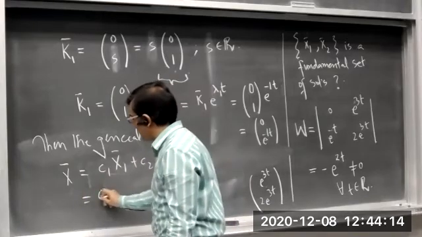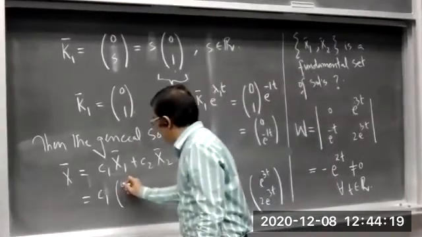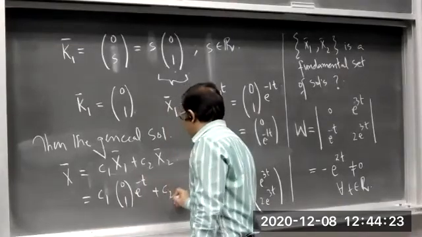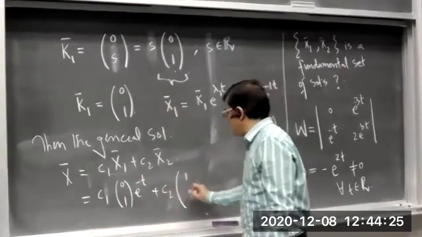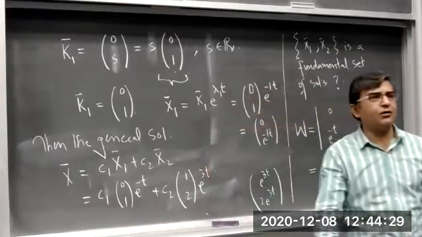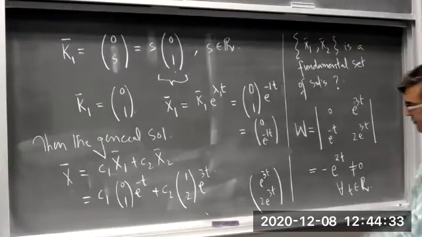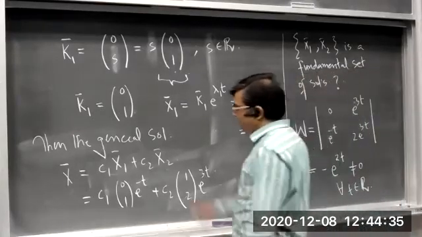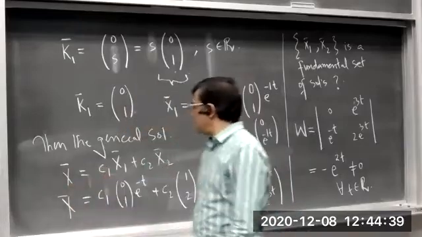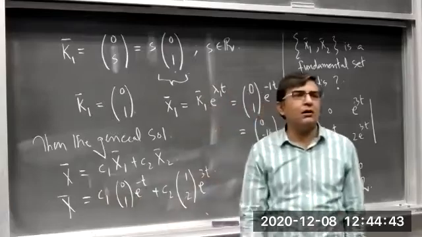And x1 is nothing but 0, 1 e raised power minus t, plus C2 times the second, which is 1, 2 e raised power 3t. So this is the general solution of the given first order system of differential equations. Now, if we are given some initial conditions, we can find these constants C1 and C2.